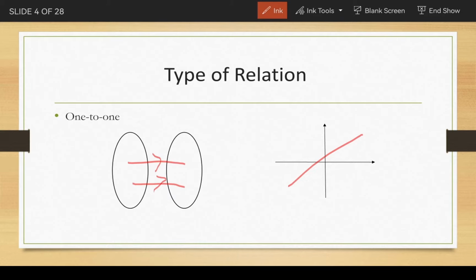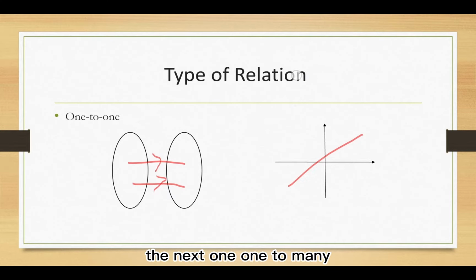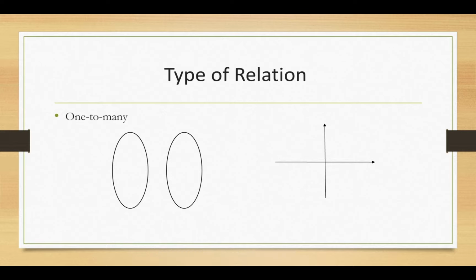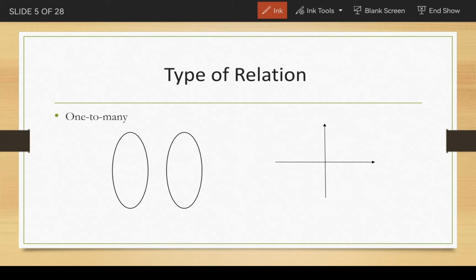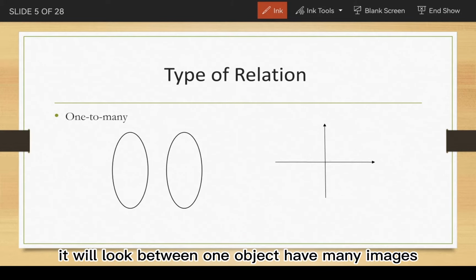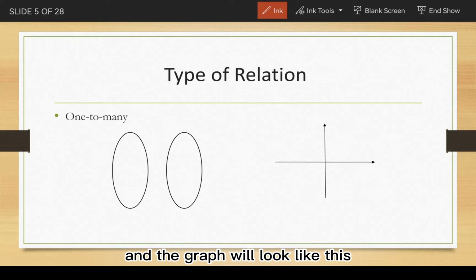So the next one is one-to-many. For one-to-many, it is one object having many images, and the graph will look like this.